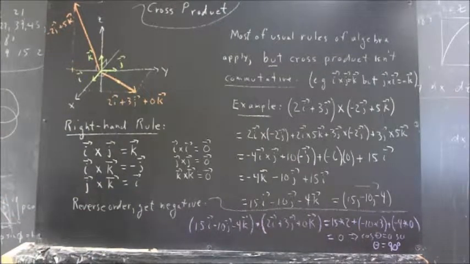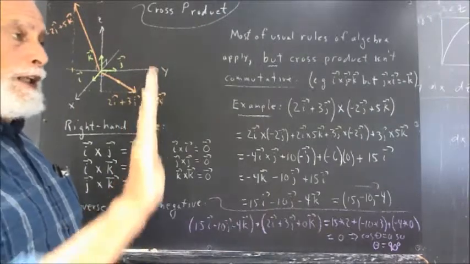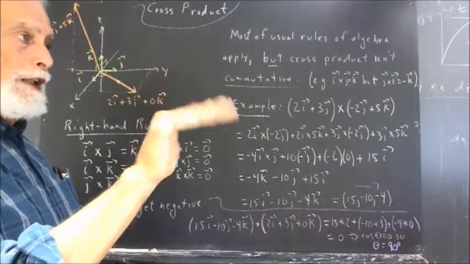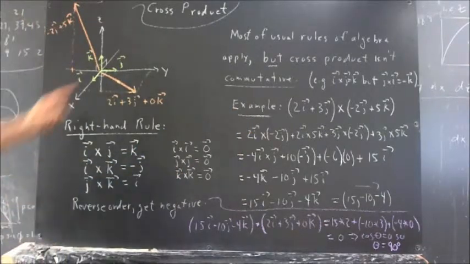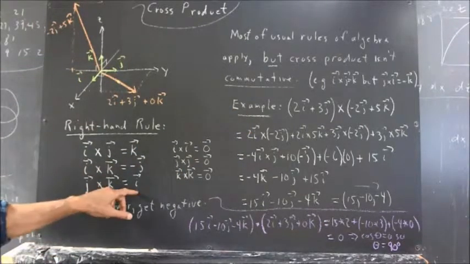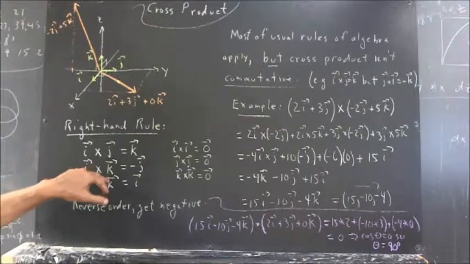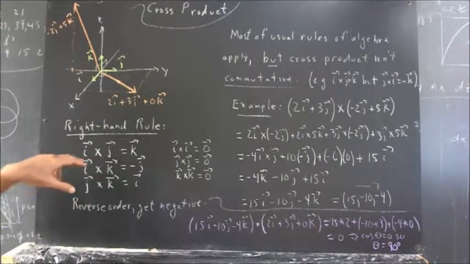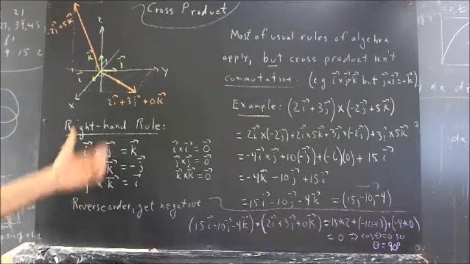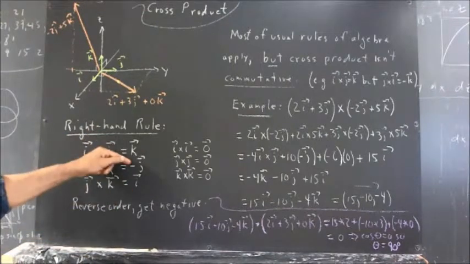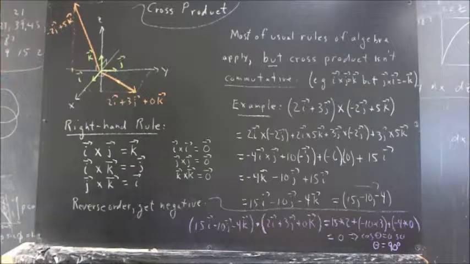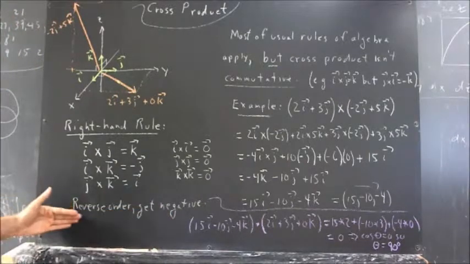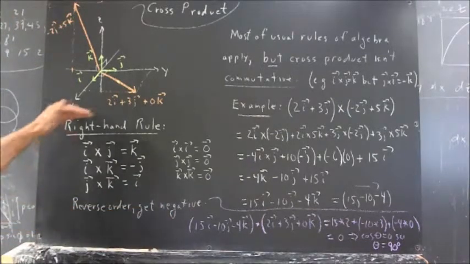If we do k cross j, we have to have our fingers in the direction of k, curl toward j, and our thumb points in the negative X direction. So the result would be negative i. And if you do k cross i and j cross i, you'll find that we get the negatives of these results. In any case, we'll state that as a rule, but that's also a result of the right-hand rule.